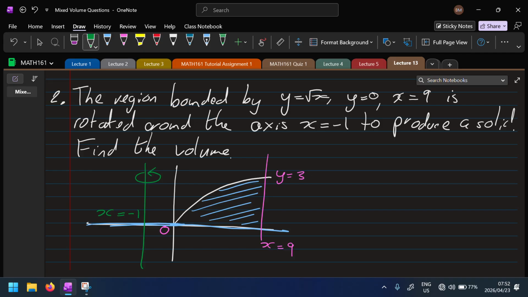Okay, so first of all, let's see what the volume looks like, the solid. So we rotate this around. This vertical pink line over here, when we rotate that around, that's going to make a cylinder. Okay, so we've got this vertical line, we rotate it around, that will be a cylinder. This part over here that's not shaded, that will be a hollow part inside the cylinder. So let's see what this looks like.